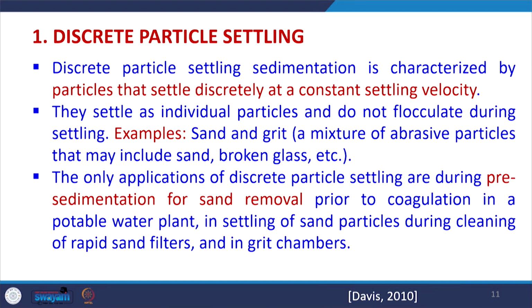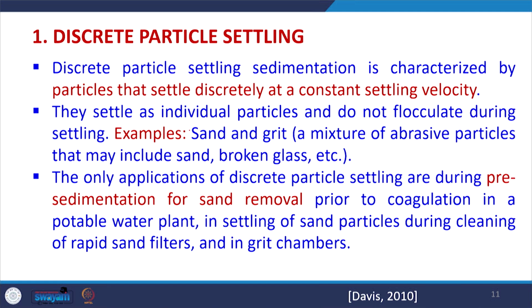Now, we will start, in greater detail, with the first, discrete particle settling. Discrete particle settling sedimentation is characterized by particles that settle discretely at a constant settling velocity. They settle as individual particles and do not flocculate during settling.